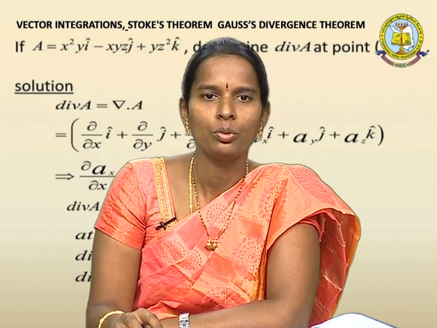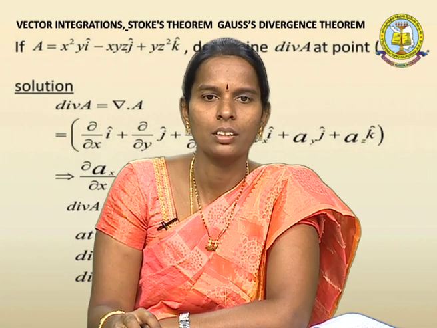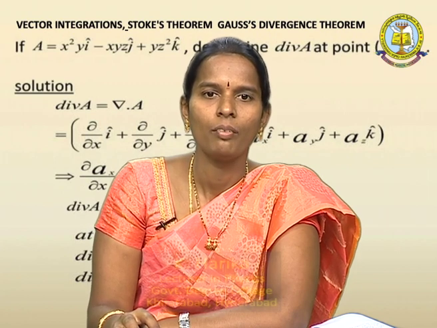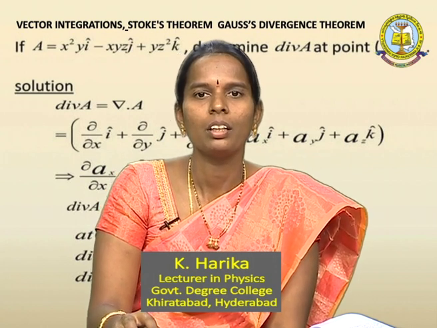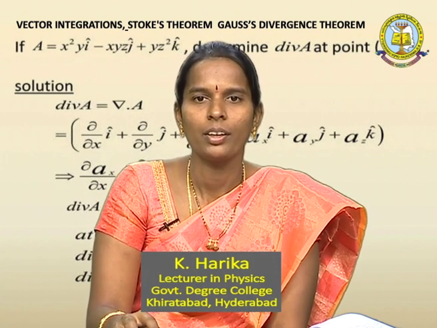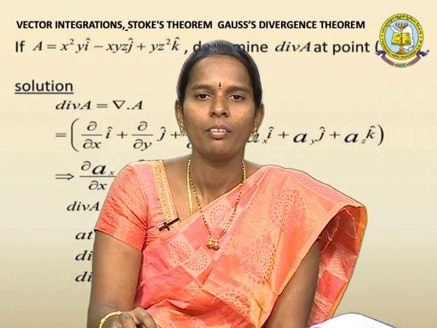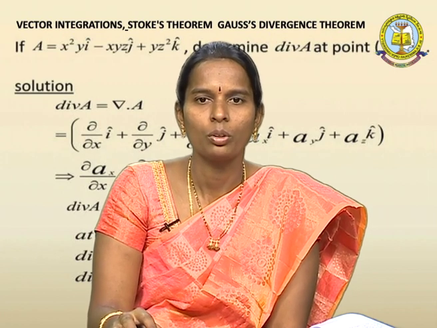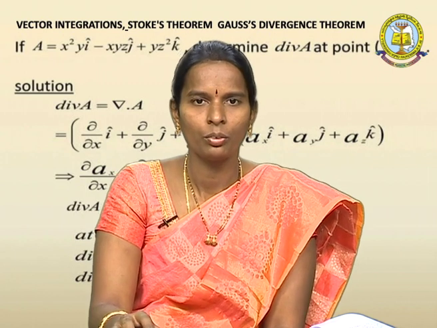So you can write 2xz minus 6y squared z squared plus xy squared. This is the divergence of A. Substituting the point 1, minus 1, 1, the simplification gives del dot A equal to minus 3. That is the divergence of A value.